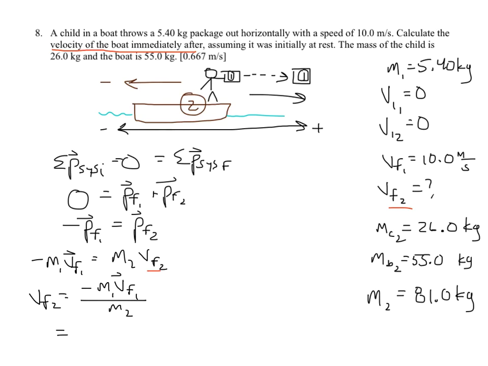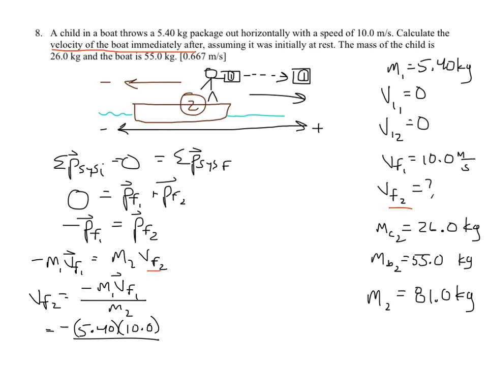That's going to be 5.40 times, what's v final 1? That's 10 meters per second, right? 10.0 meters per second in the positive direction. Oh, and I forgot to put the minus sign out front. Excuse me. Divided by the mass of 2.